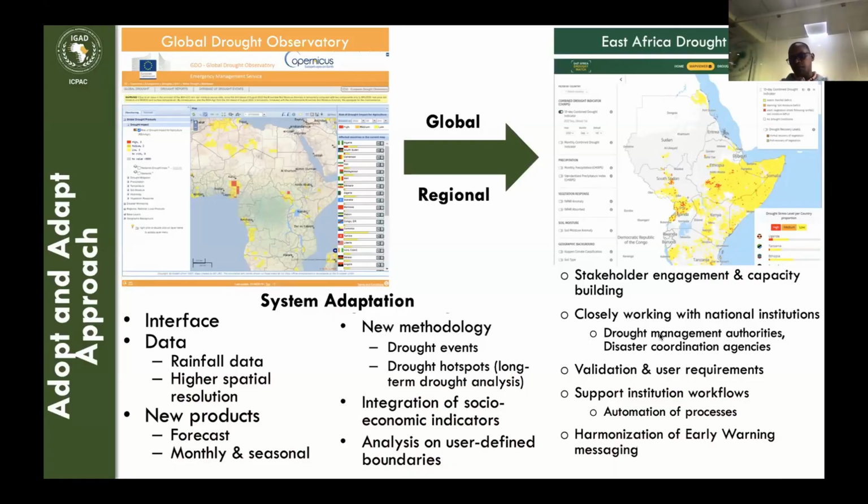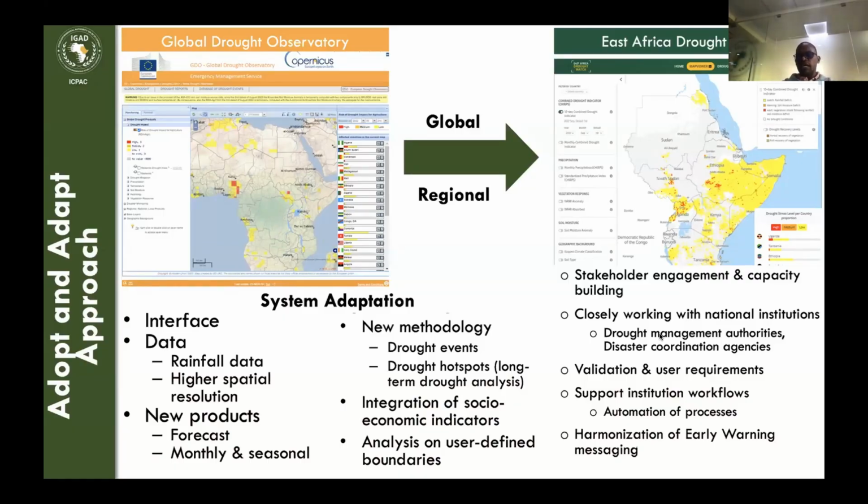During this improvement, one, we engaged stakeholders and users of the system in the region to know what they would like. Also, we worked closely with national institutions for their feedback and inputs on what exactly they would like to see, or what kind of information they want delivered.